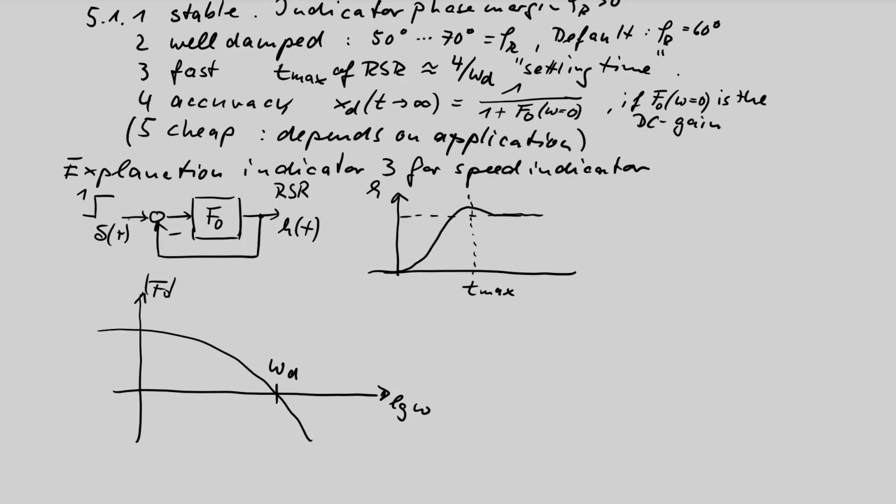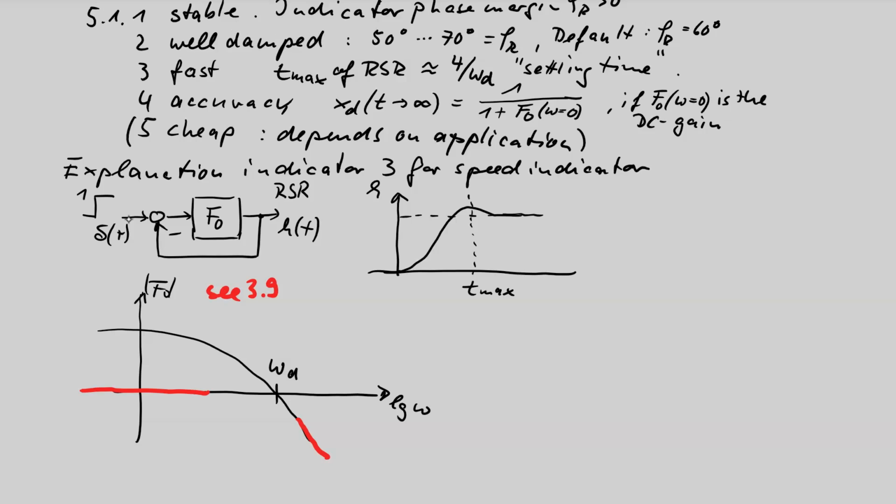We discussed in chapter 3.9 that if the gain is large, closed loop is 0. If the gain is small, closed loop is identical to open loop. And in the range of omega d, the phase defines if we have resonant effect or not.